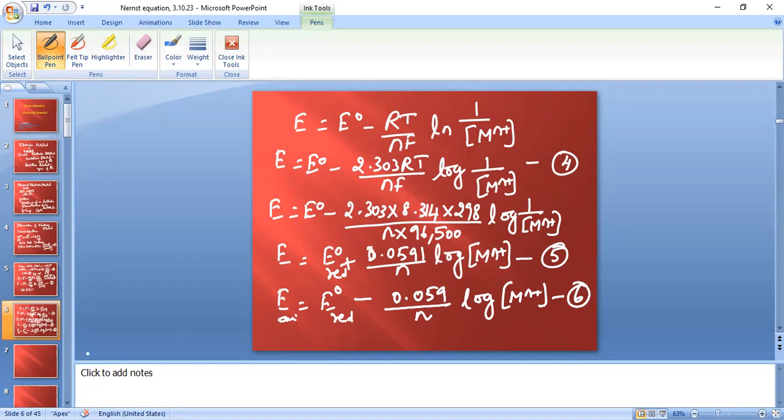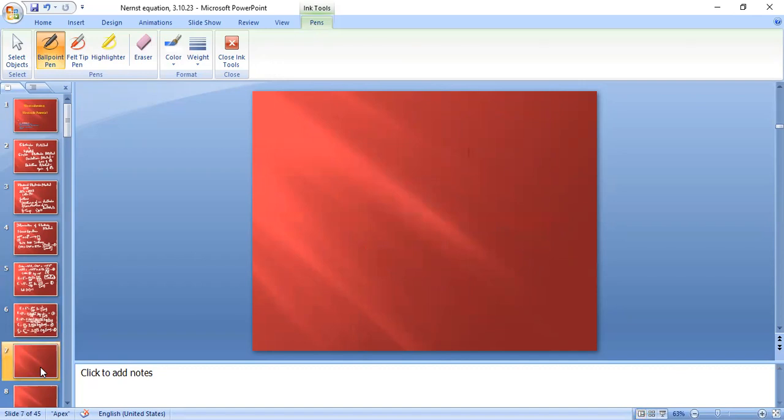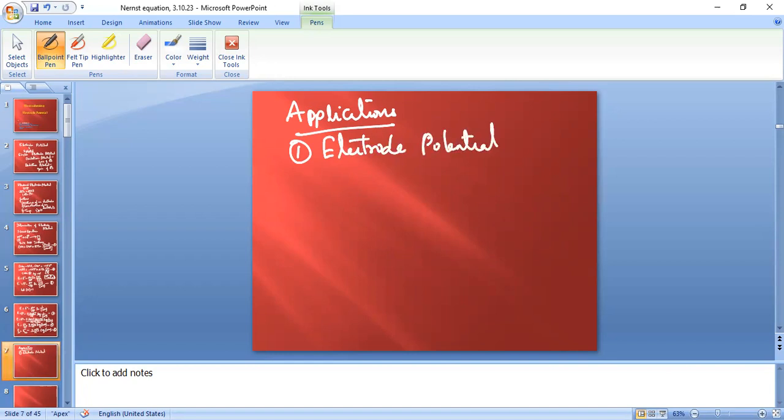Now, after deriving the Nernst equation, we must know its applications. What are the applications of the Nernst equation? The first one is you can calculate the electrode potential, whether it is an oxidation potential or reduction potential, of the given metal.